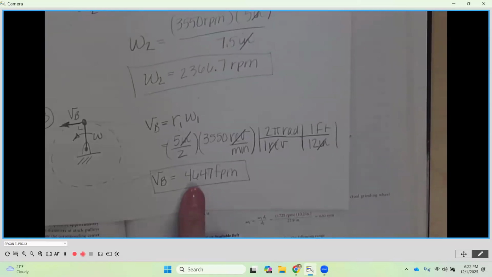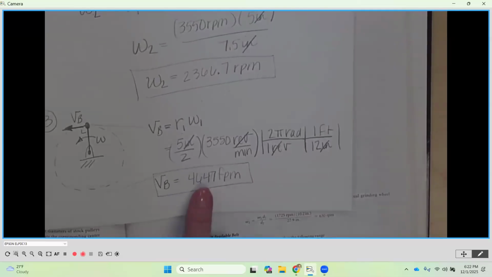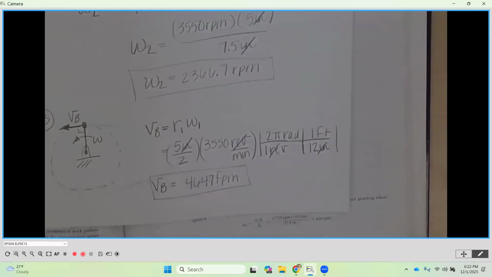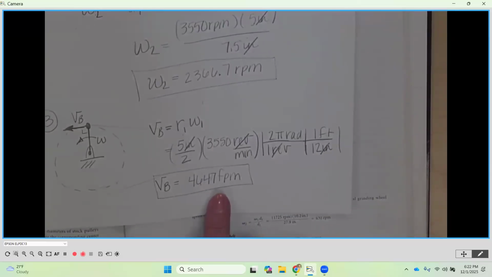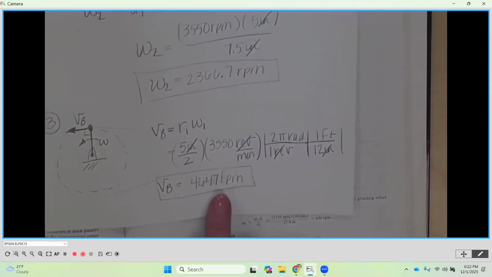So that's how fast our belt is going, okay? Now, this number, as you might remember from the slide, our belts are going to run optimally between 4,000 and 5,000 feet per minute. We are like right in the middle of that range, okay? So this is a good belt speed for our application, okay?